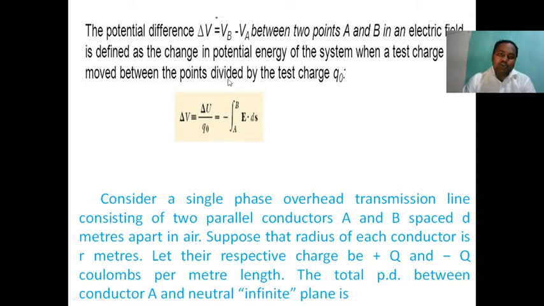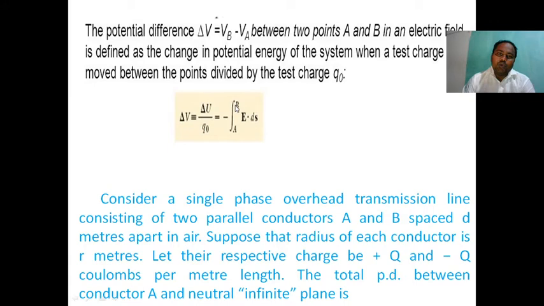Here we took two points A and B in a plane, but sometimes we take the two points as R1, R2. Whatever two points we take, the potential difference V is equal to delta U by q naught, equal to minus integral A to B of E dot ds.